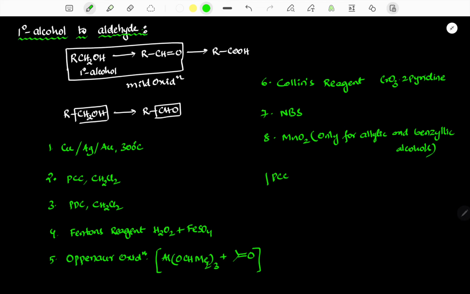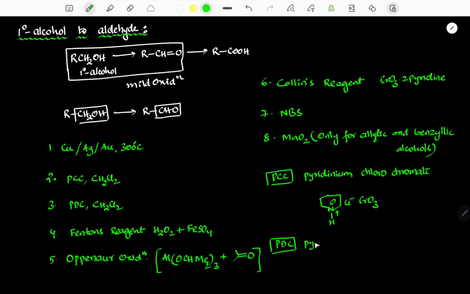PCC, the full form of PCC is pyridinium chlorochromate. It is a pyridinium structure. Next one is PDC.